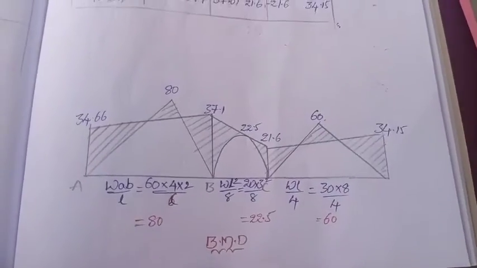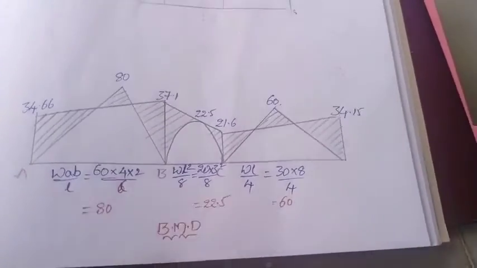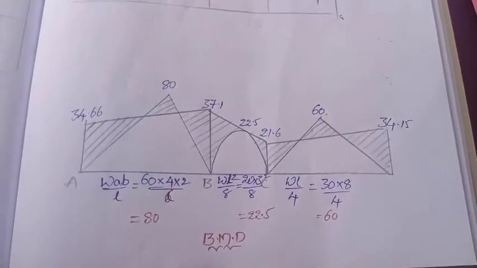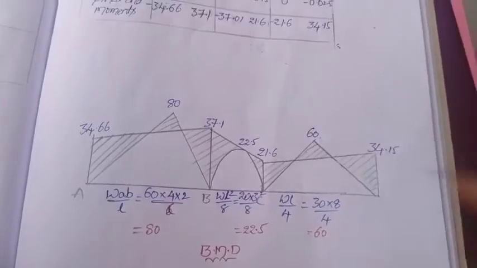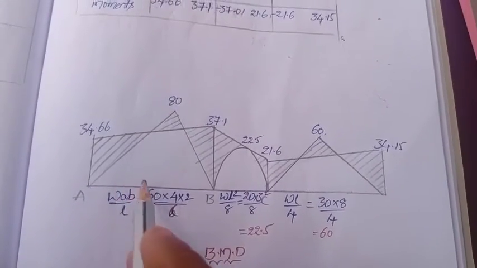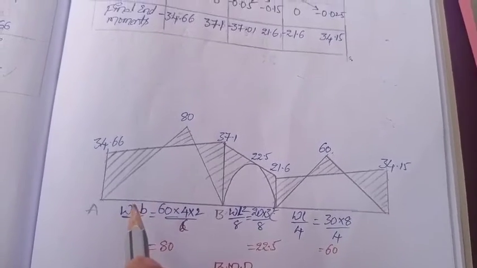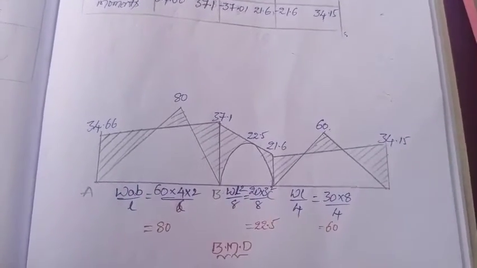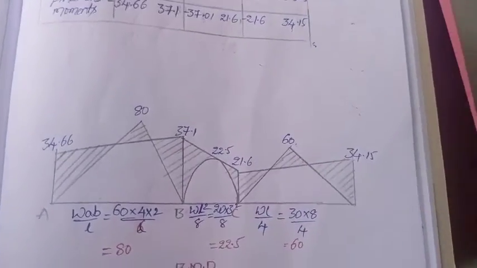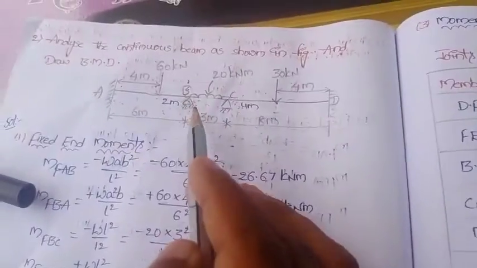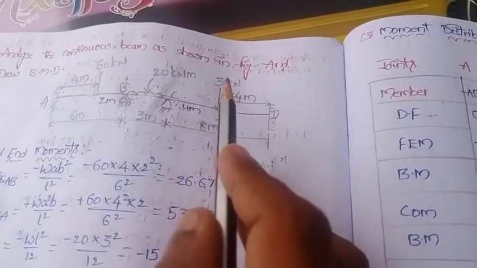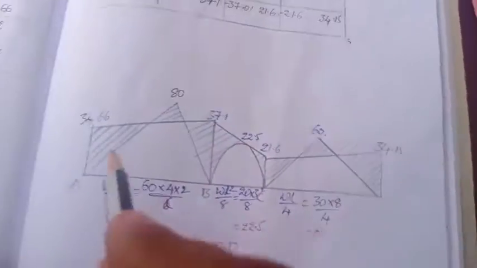And then, depending upon the final end moments, we will draw the bending moment diagram. First we will draw one beam ABCD. The bending moment diagram for the eccentric load is a triangle, for the UDL it is a parabola, and for the point load it is a triangle.